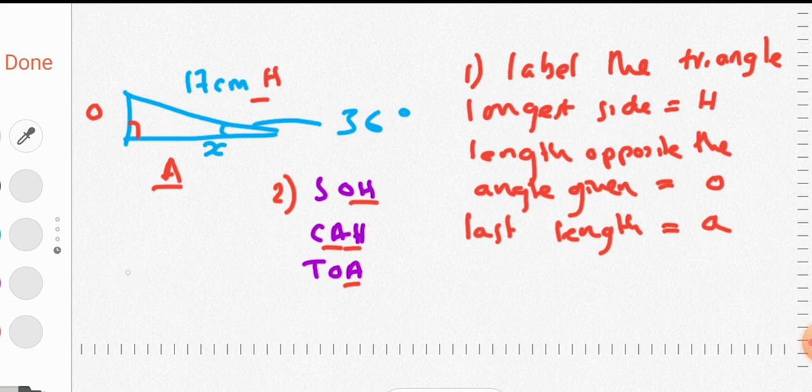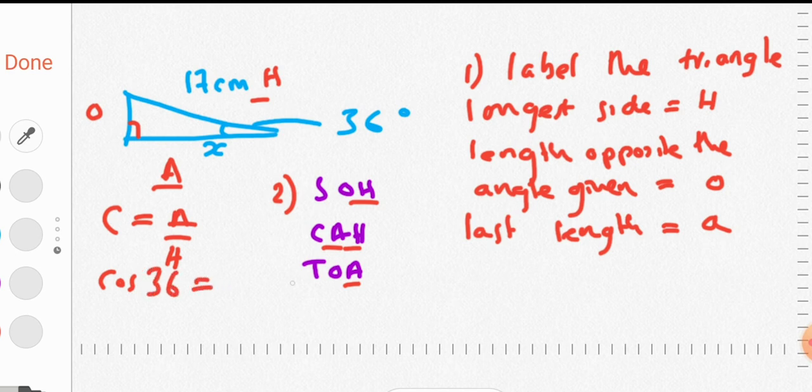So all we've got to do is sub in the values. This is what it will look like: cos C equals A over H. Are you following? So it will be cos angle, what's that angle? 36.